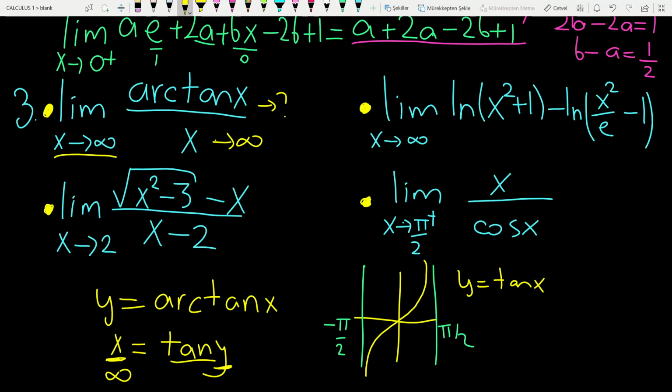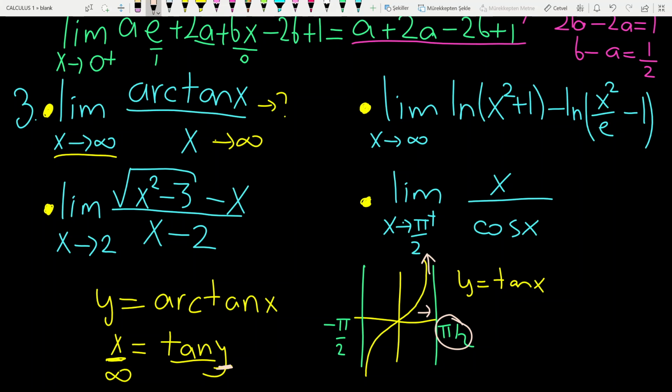As you see in this graph, what was the question? For which value of y does tangent go to infinity? For pi over 2. When y tends to pi over 2, the tangent function goes to infinity, right?